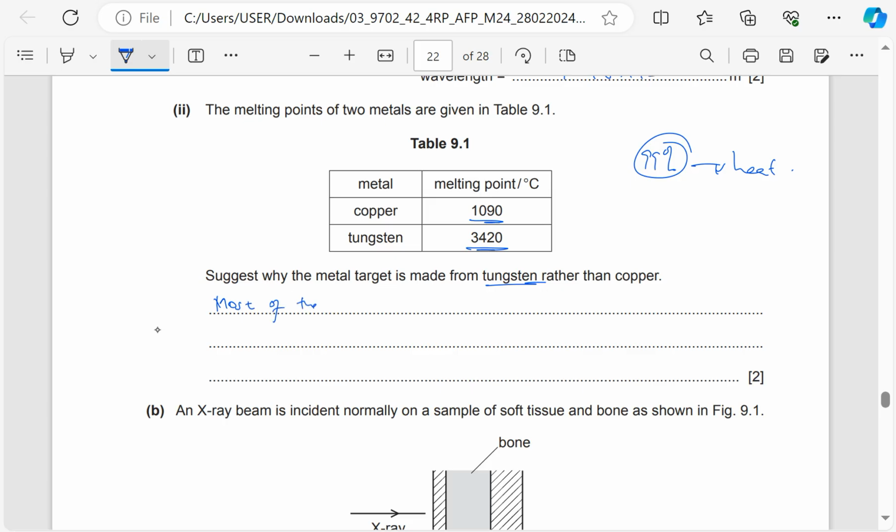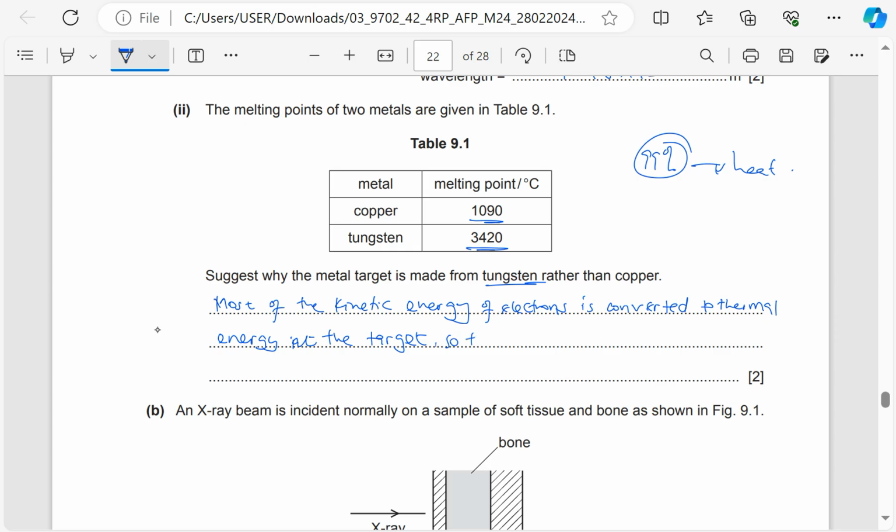So we'll say most of the kinetic energy of electrons is converted to thermal energy at the target.